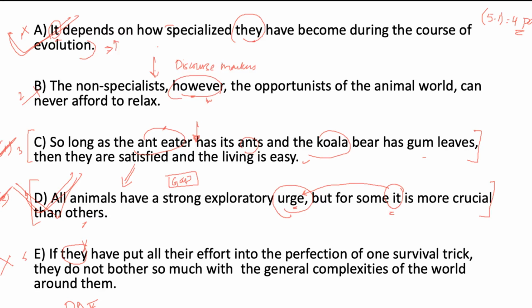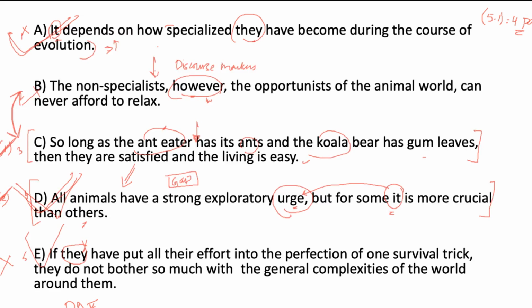And we need to find the last two pairs, guys. It's going to be a little bit typical, but we should be able to get this through. We need to identify whether B or C comes through first. So as long as the anteater has its ants and the koala bear has gum leaves, then they are satisfied and the living is easy. Okay.